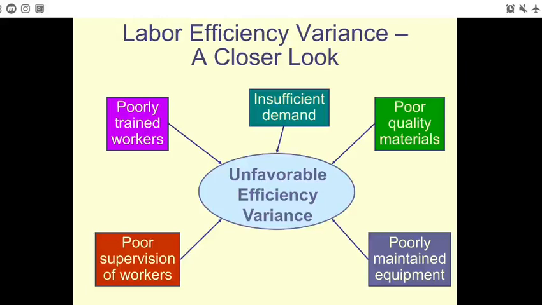So when they do their work slowly, the labor efficiency variance will become unfavorable. Poor quality material also can cause unfavorable labor efficiency variance. How? Because when you use poor quality material in the production process, the output is not good. So the workers have to do the same thing, or produce the same product, many times.